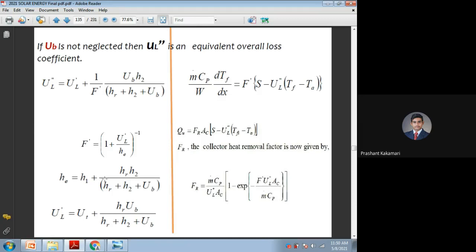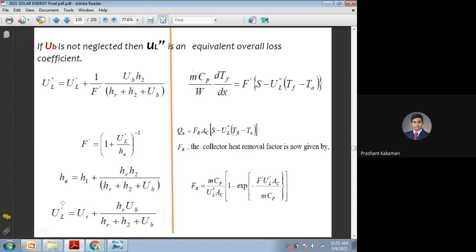It is obtained from the collector for a given area on which the solar radiation is falling, using the collector efficiency factor F dash, the overall loss coefficient UL, and the fluid outlet temperature or average temperature relative to the ambient temperature. If you know all these parameters, one can find the useful heat gain.